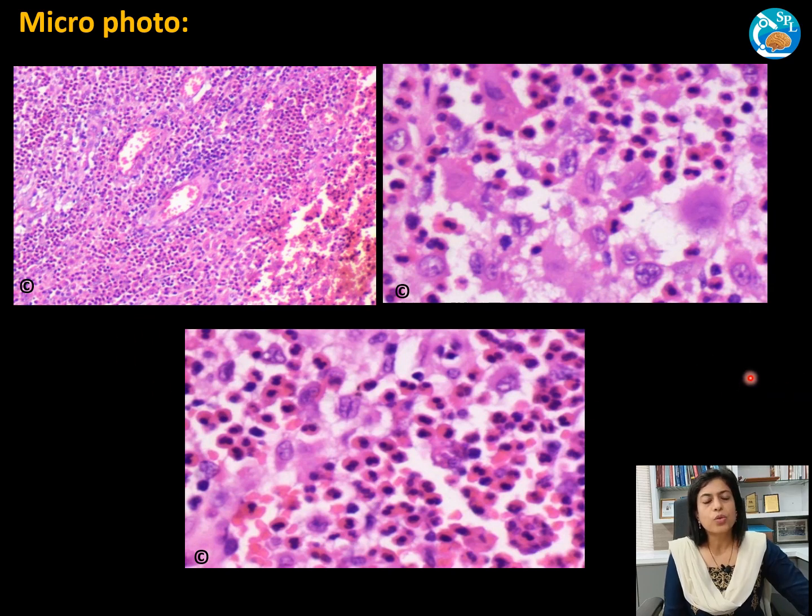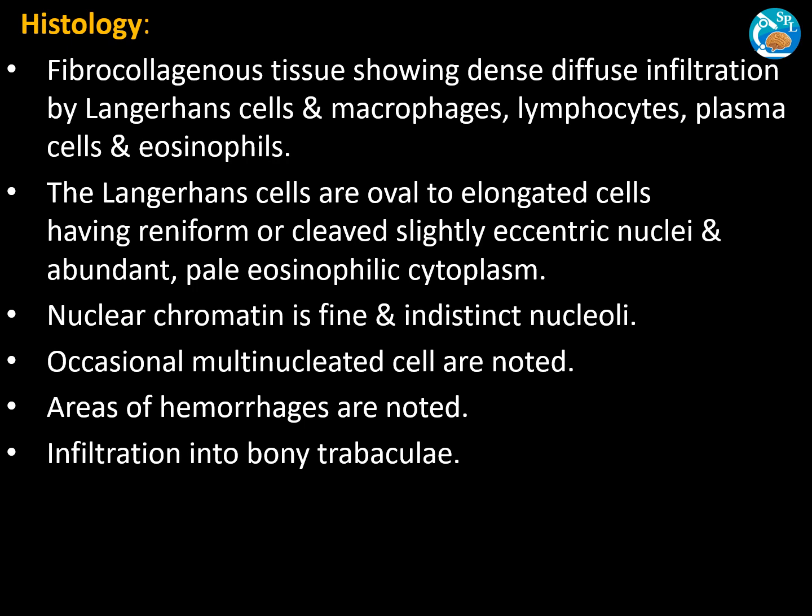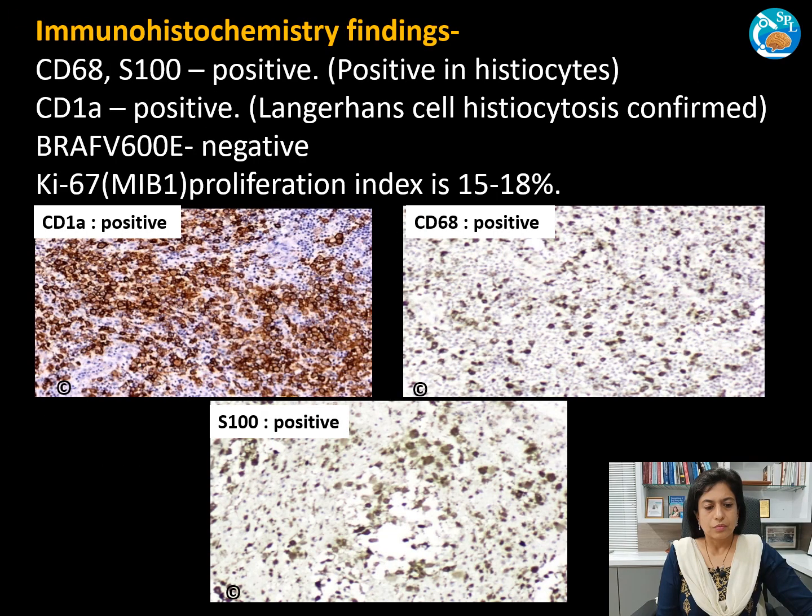In our case, bony infiltration was present and occasional multinucleated giant cells were also present. We did immunohistochemistry and the histiocytes were positive for CD68, S100 and the confirmatory marker, that is CD1a, which you can see is very strongly positive, confirming the presence of Langerhans cell histiocytosis.